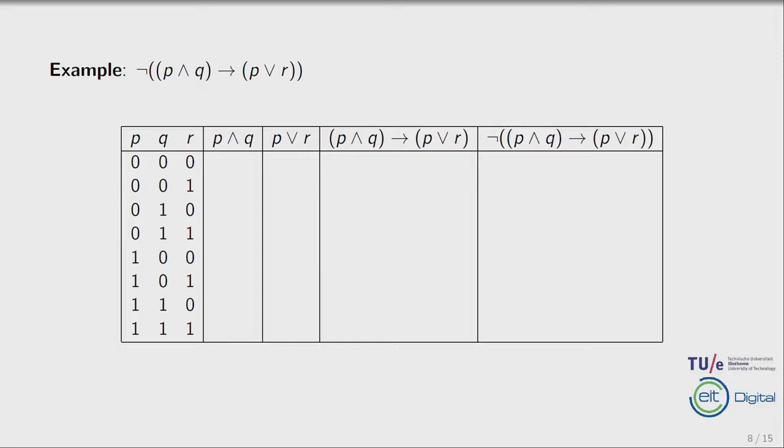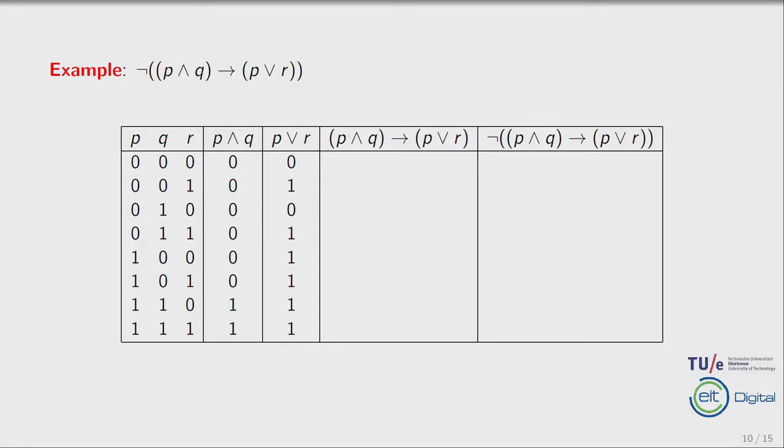First, for all ingredients we take the truth table based on the building blocks. So for P and Q we get the following. It only yields a 1 if both P and Q are true, and in all other cases it yields false. For P or R it yields a 0 in case both P and R are 0, and in all other cases it yields a 1.